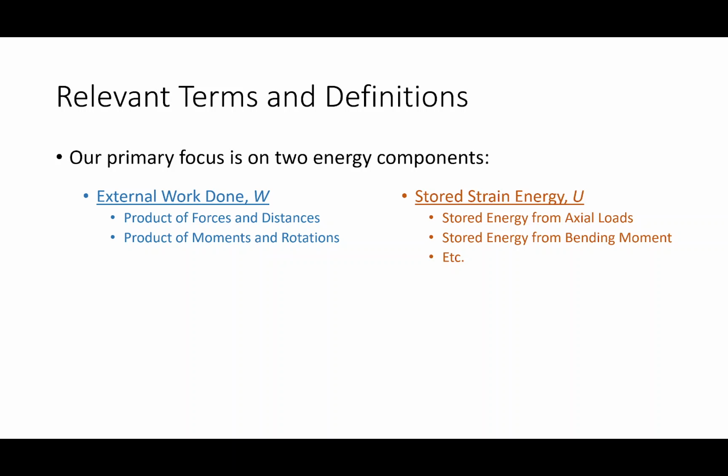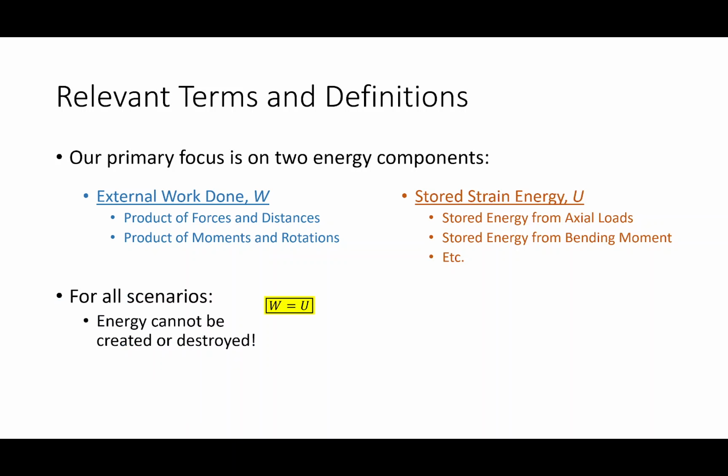Now the stored strain energy, if we're bringing it back to mechanics, to engineering 216, 213, and CE 312, we're going to look at stored energy from axial forces, stored energy from bending moments, stored energy from shears, stored energy from torsion, and so on and so forth. And I propose that they have to equal one another. Okay? Does that make sense?